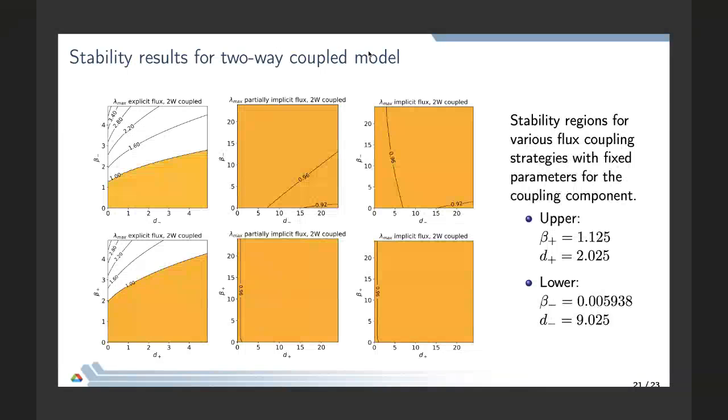Are you trying to generalize this, or is this specific to cases that you have looked at? Can you repeat your last sentence? I was asking if you are generalizing this result, or is this specific to the cases that you're looking at? A good question. Currently this result applies to the one-dimensional diffusion equation, but we don't see any reason why it doesn't work for two-dimensional problems or problems that involve more complicated dynamics.